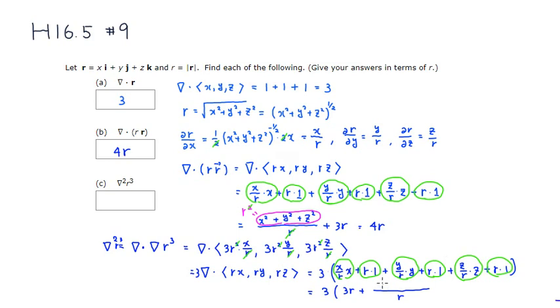So you get x squared plus y squared plus z squared over r, but remember that this is r squared. So we can cancel the r on the bottom with an r on top. So you have 3r plus r, which is 4r, times 3. So this is 12r.